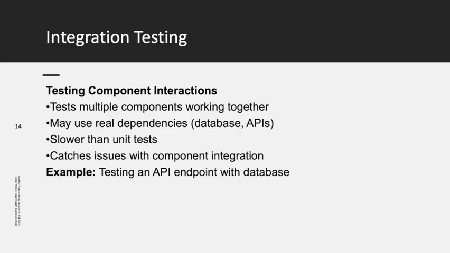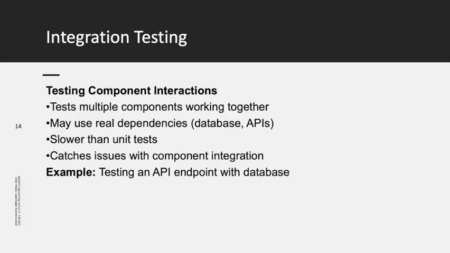For example, you might use a real test database, not production of course, to verify that your data access code works. Or you might make real HTTP calls to your own API to verify endpoints work correctly. From a business perspective, integration tests catch a different class of bugs than unit tests.